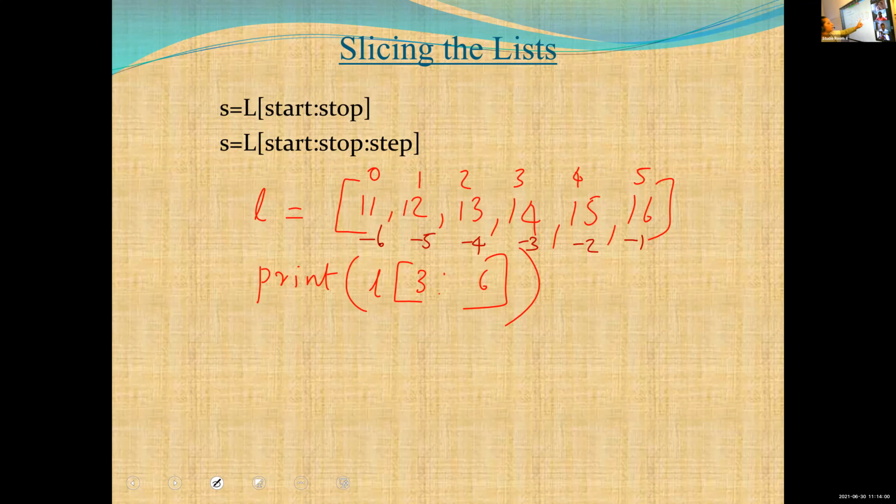Backward indexing starts from -1 to -n. 6 is the number of values in this list, so the last value is -6. So what is the result of print L[3:6]? Shivani?